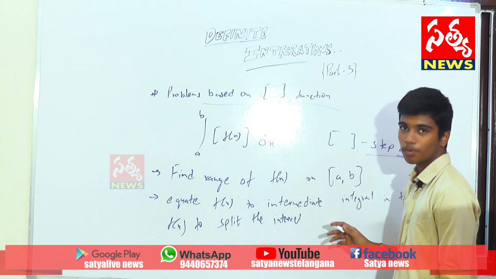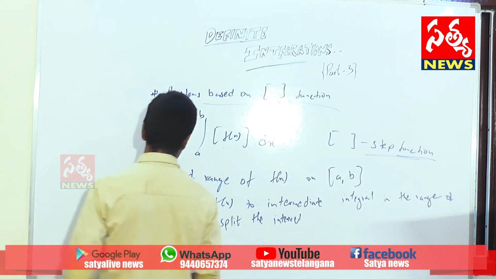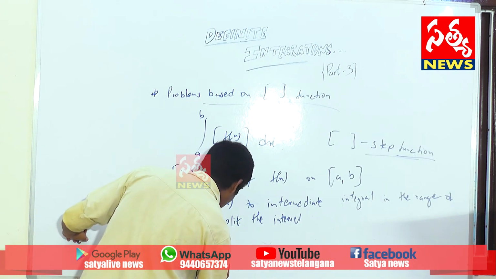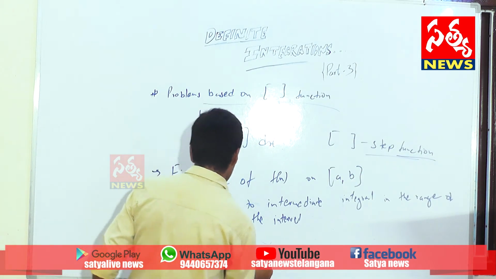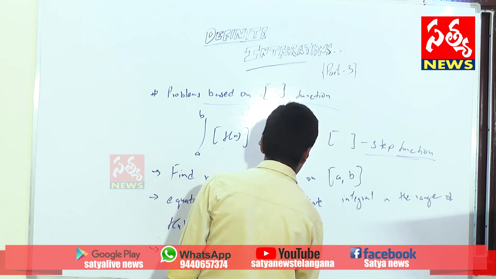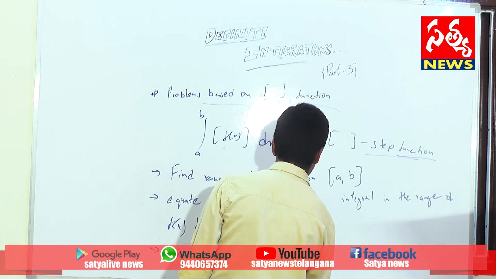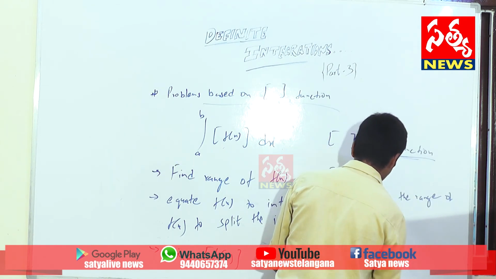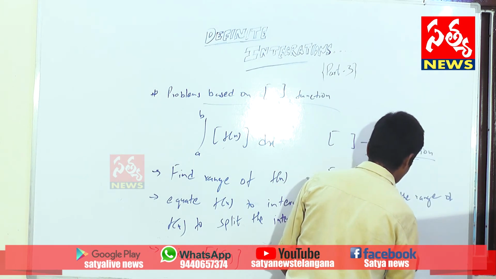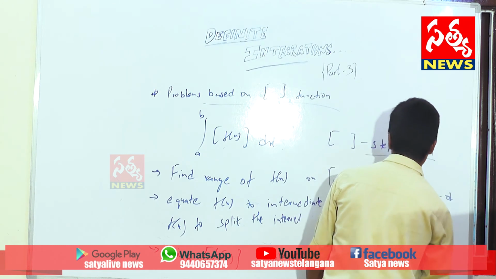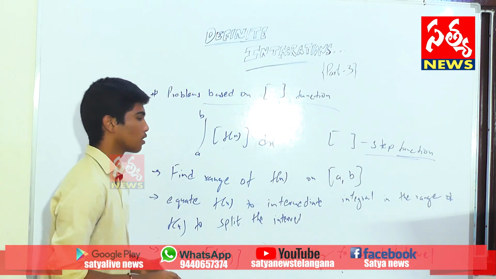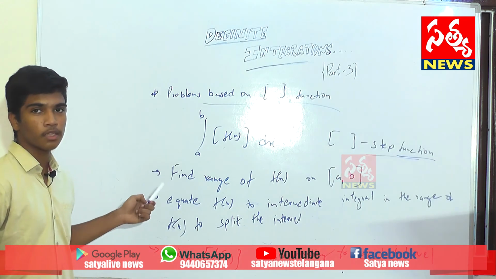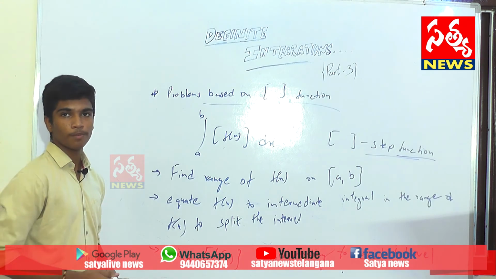I will explain all these points, and the last point is to find step of f of x corresponding to each interval. I have given these 3 points in the description, so you can check these points there also.